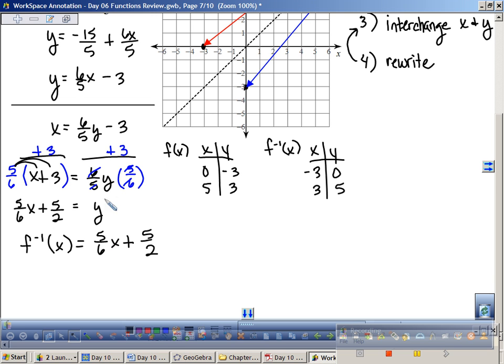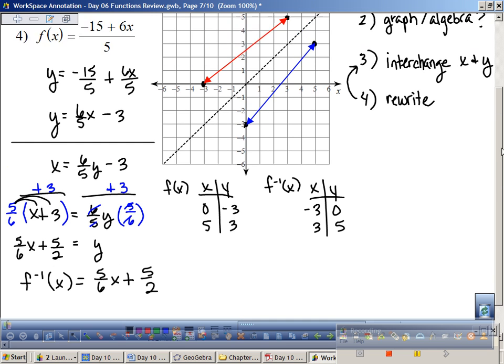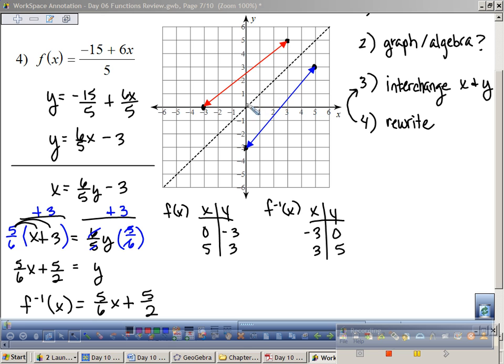So like Janelle said, the slopes are inverses of each other. And does that look like 5 halves? Yep. Because when I multiply 5/6 times 3, it's really 3 over 1, which is really 2.